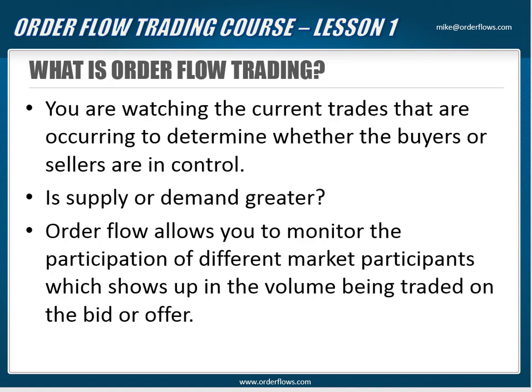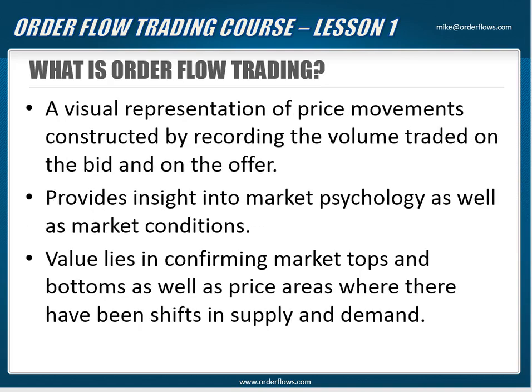To get the deal done, one of you, either you, the buyer, have to pay the offer price, or the dealer has to sell it to you at the bid price, at your bid price. So, that's what order flow can show you, where the trade occurred. Did the trade occur on the bid side or the offer side? Which is very important, as you'll learn later in the course.